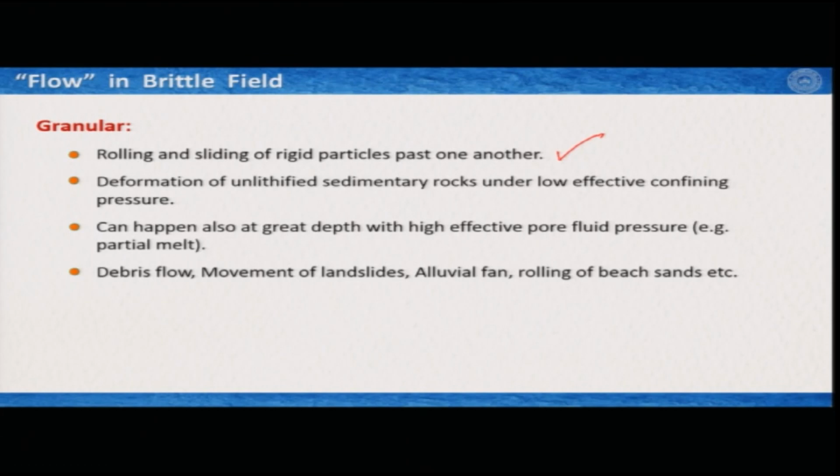We will see the examples soon, and this is a very interesting type of deformation mechanism under the cataclastic domain. We mostly see these sorts of deformations in unlithified sedimentary rocks where the confinement is extremely low.